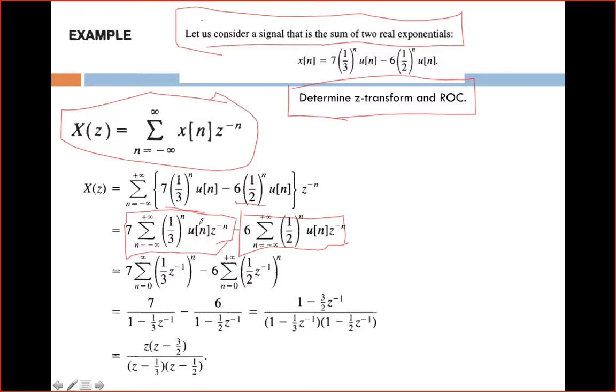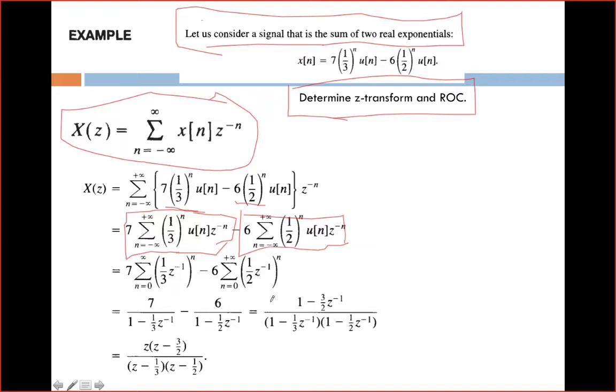So I can rewrite this equation as 7 into summation n equal to 0 to infinity of (1/3 z^-1)^n minus 6 into summation n equal to 0 to infinity of (1/2 z^-1)^n.